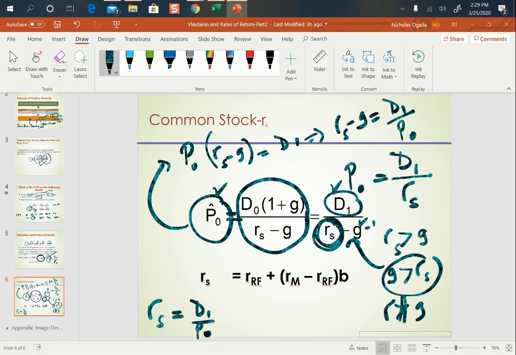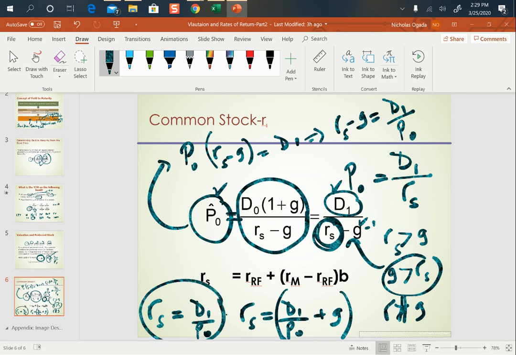However, if there is a constant growth on the dividends, then your required rate of return should be equal to your current yield on that stock plus, of course, the growth rate. This will be what you need if there is a constant growth for that particular security, which in this case is the common stock. If not, then the no-growth formula will represent how to compute the required rate of return.